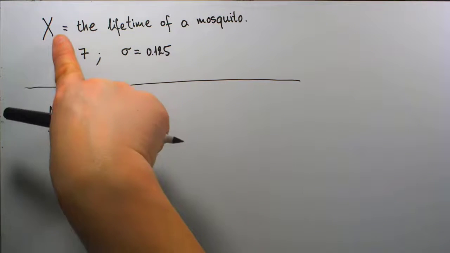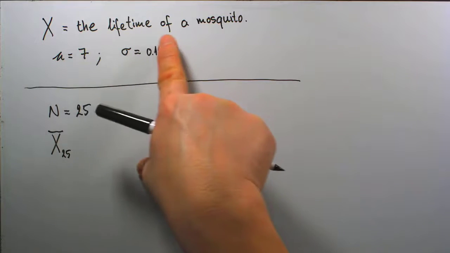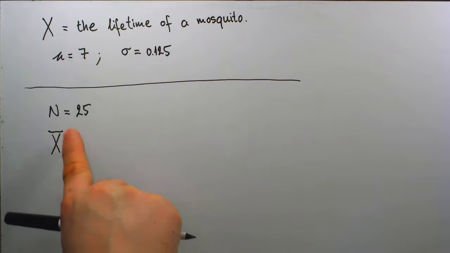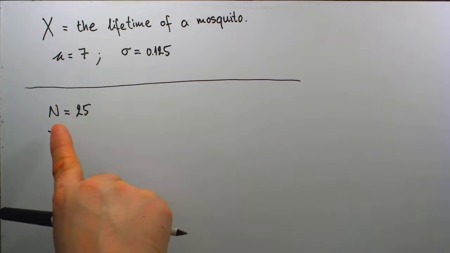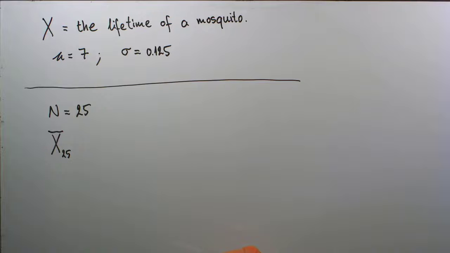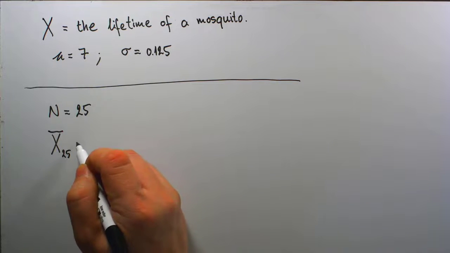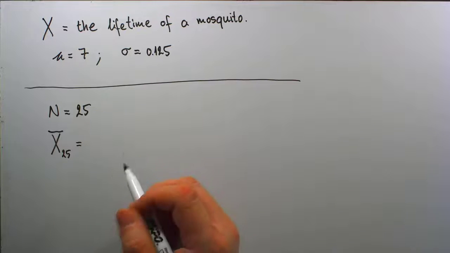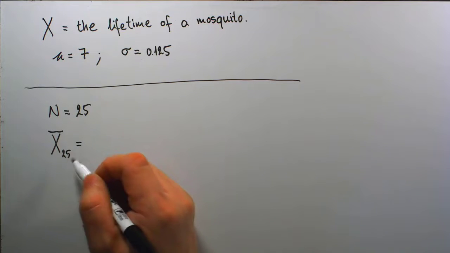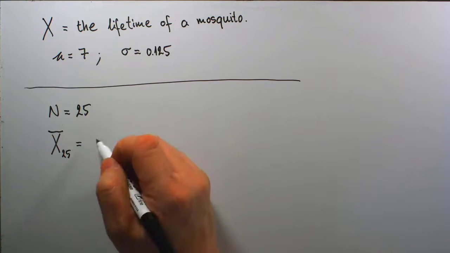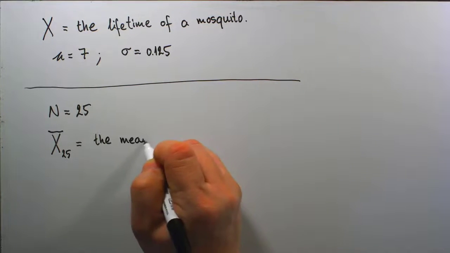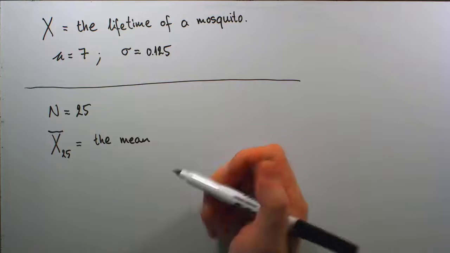Okay, so this random variable does not represent the lifetime of one mosquito, but this is the average lifetime after we average out 25 mosquitoes in each of our samples. And so to formulate the definition of our capital X bar 25 right here, I'm going to say capital X bar 25 represents the mean lifetime instead of one single lifetime value of one mosquito.